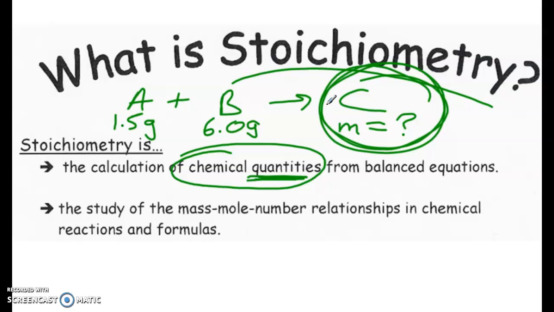So our understanding of the mole and mass values can be used to determine quantities in a chemical reaction, which is ultimately what you would want to do. Let's say I'm in a chemical industry and I want to manufacture something. I want to make a product. I have to know how much product I'm going to be able to make. I'm not just going to randomly put some things together and see what happens.